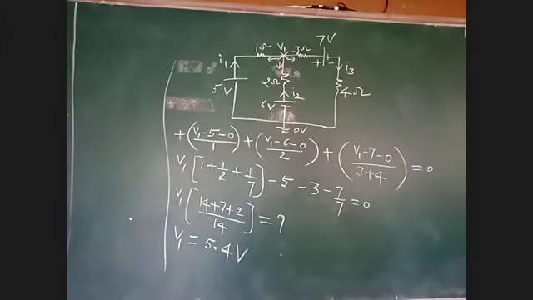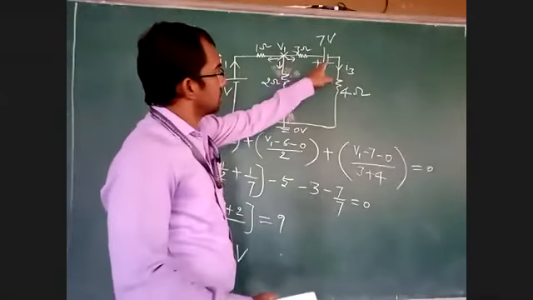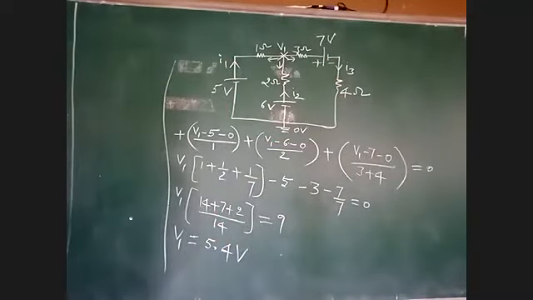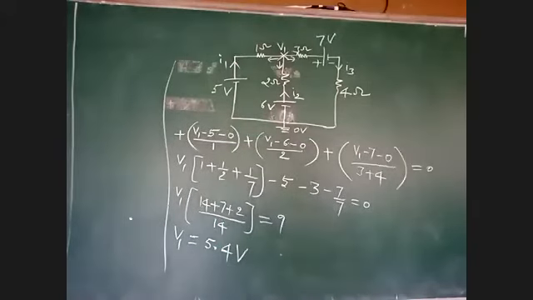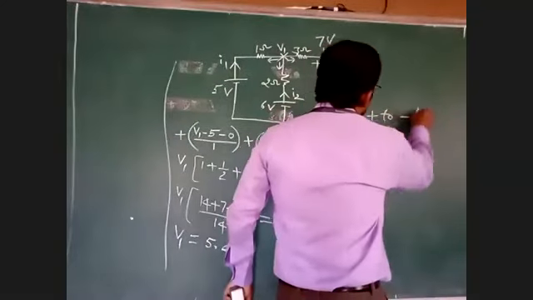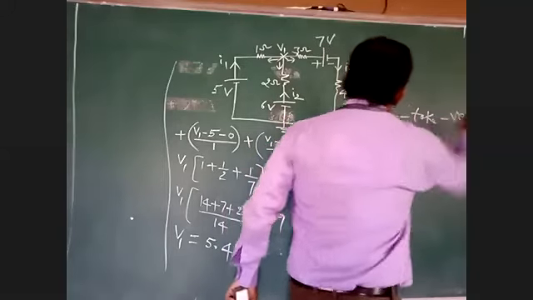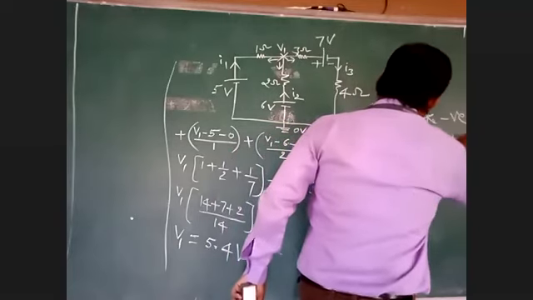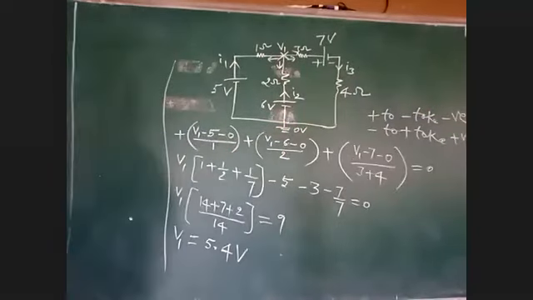In the last class I also told you, if current flows from plus to minus, take minus sign; if these terminals are interchanged, it means V1 plus 7. If current flows from minus to plus, take positive sign.